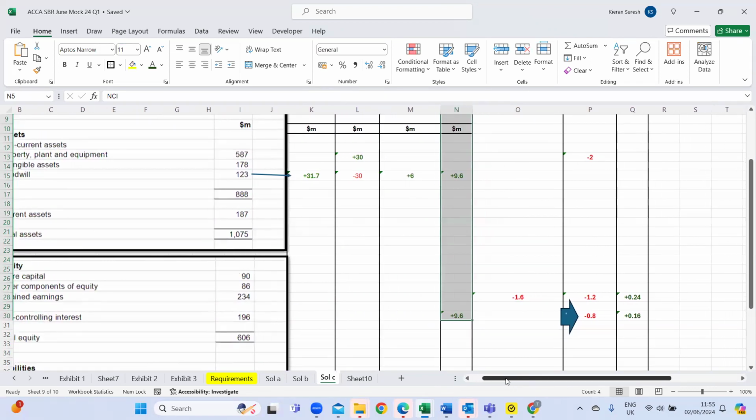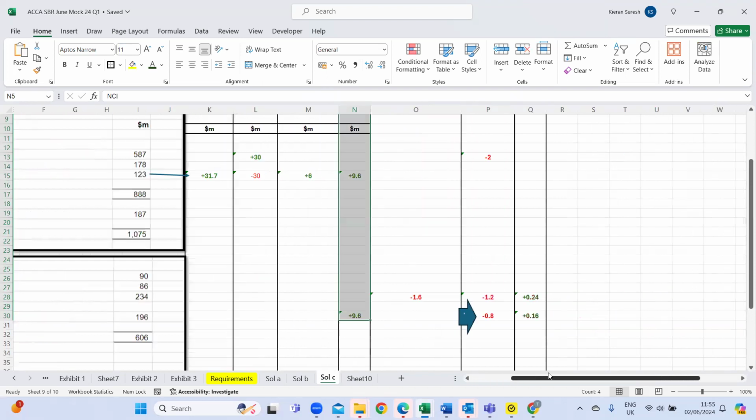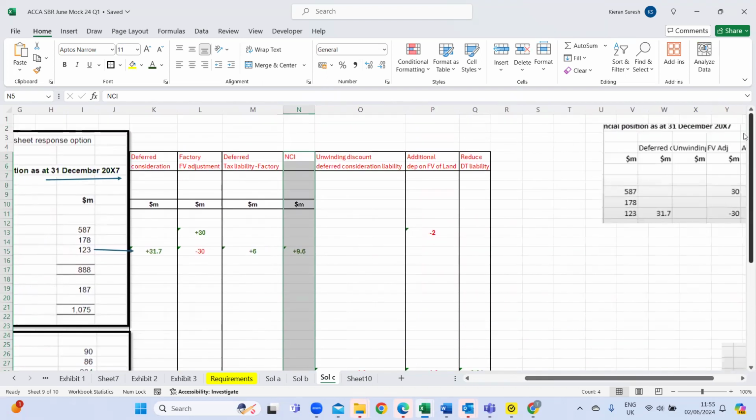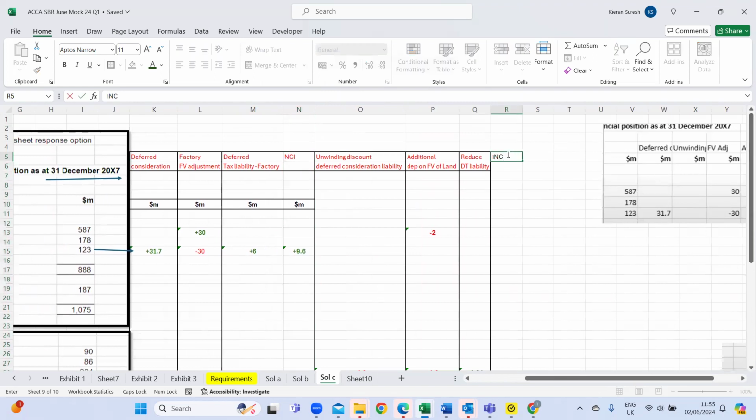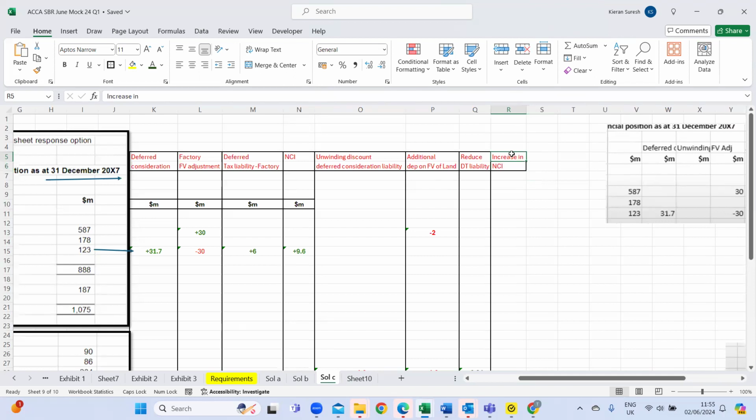I can't just simply add it there, so I need to have another column, an increase in the NCI, with the date. The increase in the NCI needs to be 15.8. Or instead of having an increase in the NCI, I could label it share disposal.